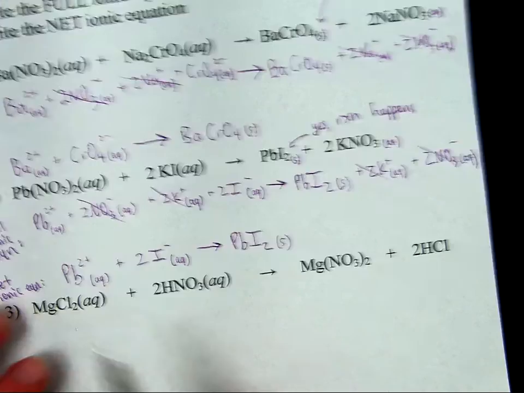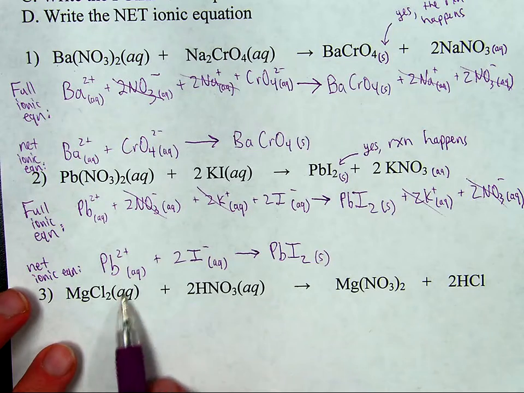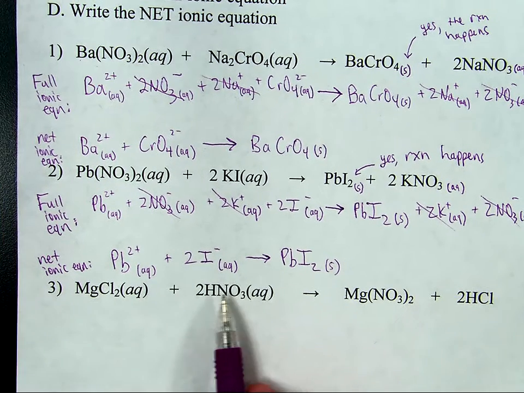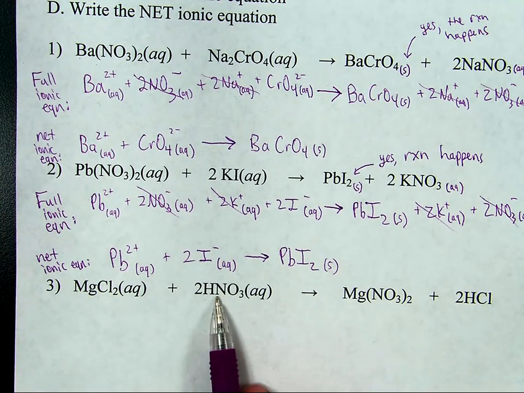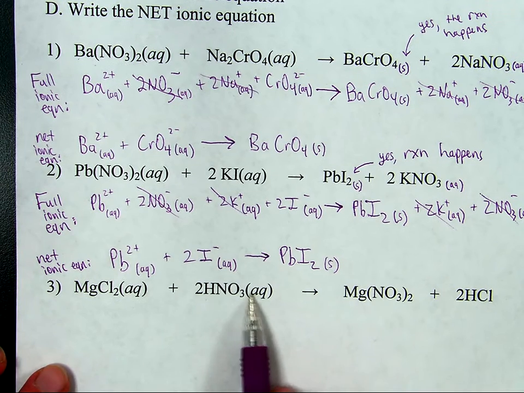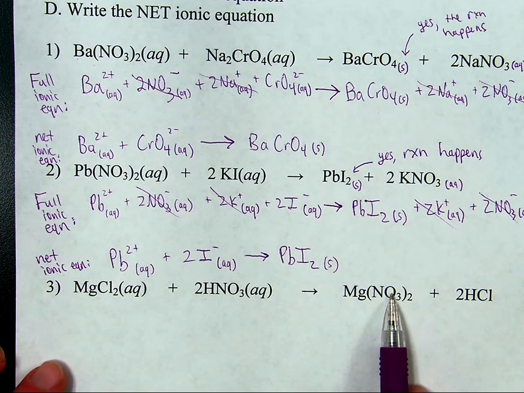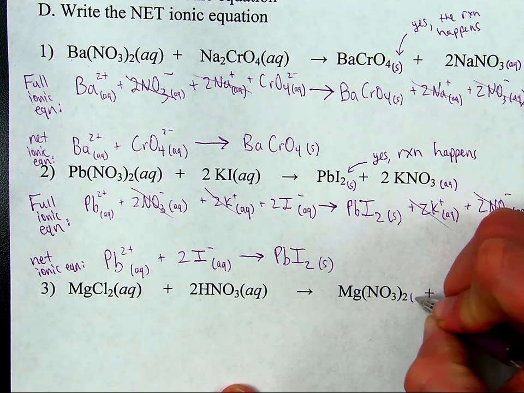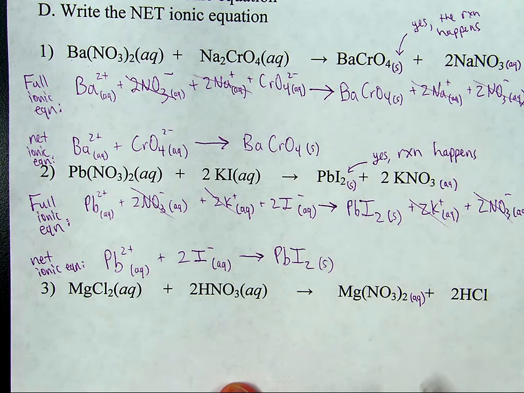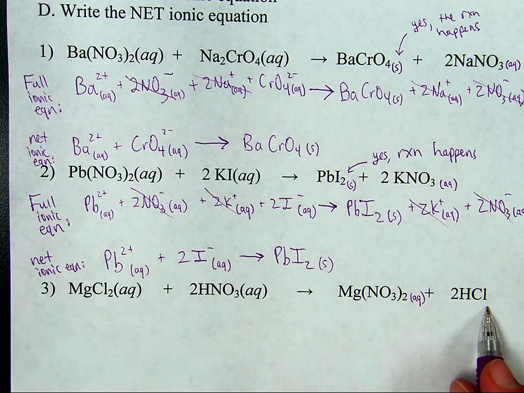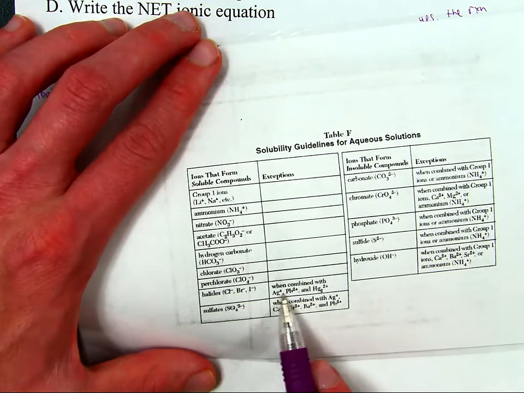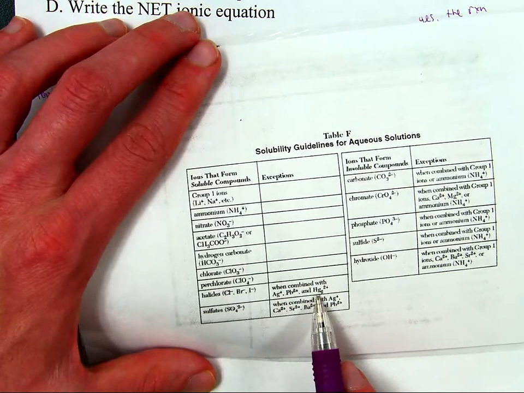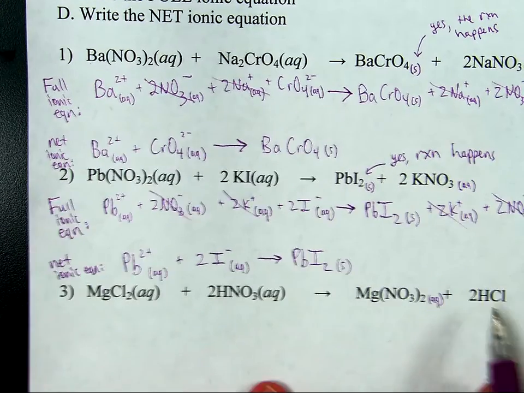That's why this is aqueous, and you look at nitrates, you'll see all nitrates are soluble with no exceptions. So we'll go ahead and put aqueous here. And all chlorides are soluble unless it's with one of those exceptions, which isn't the case, so this is also soluble, AQ.